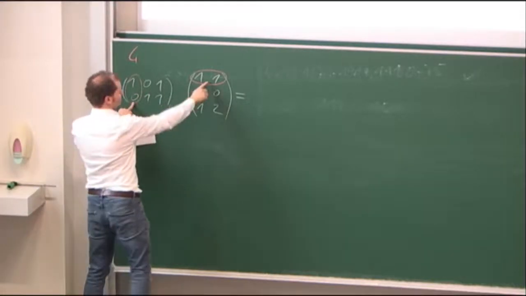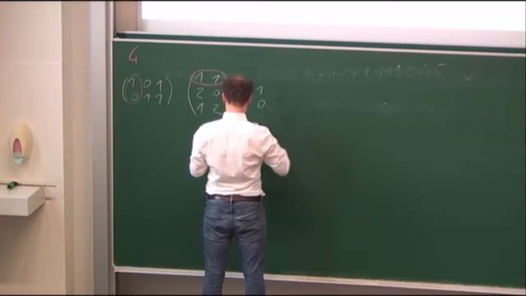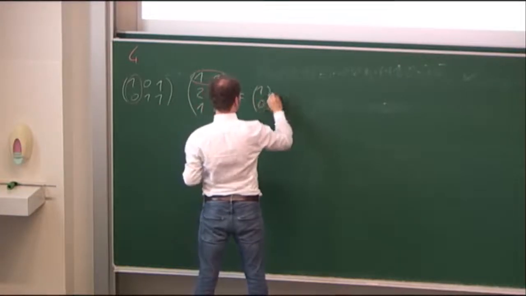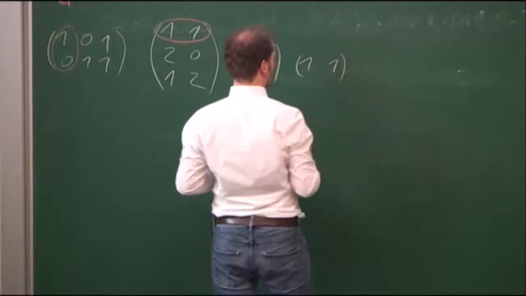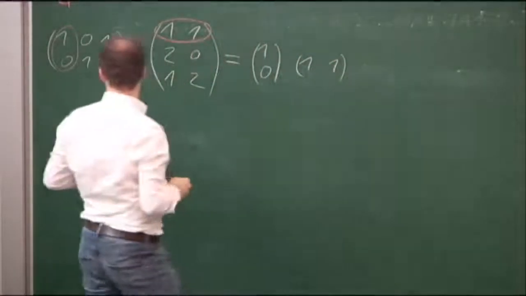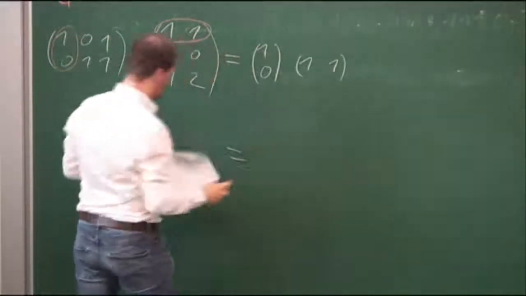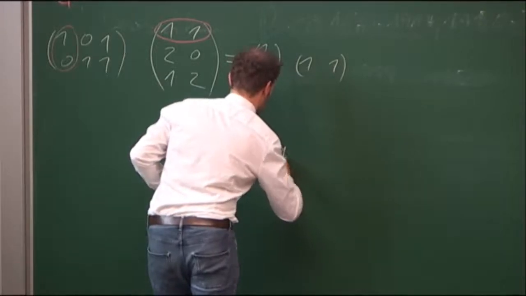So this column times this row gives us a matrix. So it's 1, 0 times 1, 1. And this will then give us the matrix 1, 0, 1, 0.